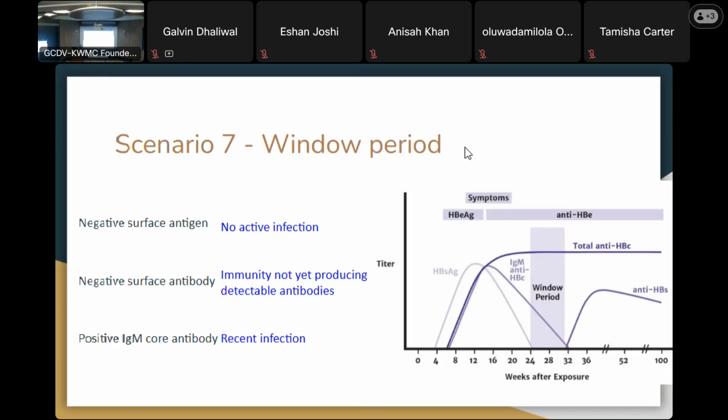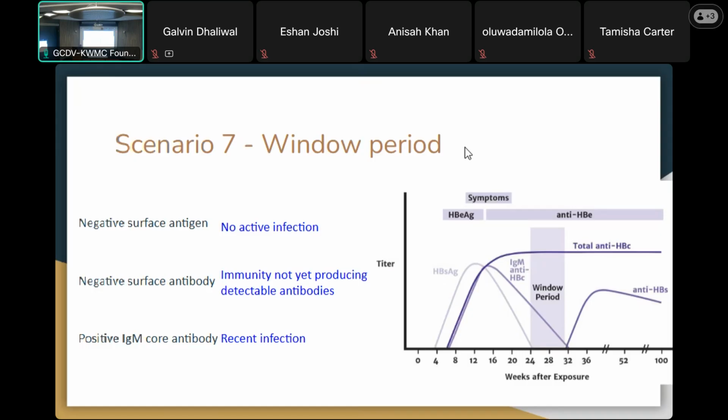So that's why you do those three tests initially, and those will give you whatever you need to know. But you see the picture on the right, and there's a time between the surface antigen becoming negative and the surface antibody appearing in the blood, and that window is called the window period. And the only thing that's positive at that time is the anti-HBC, hepatitis B core antibody.